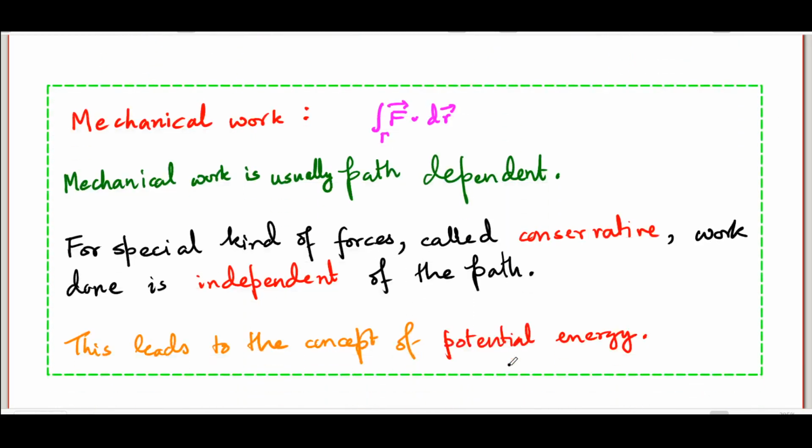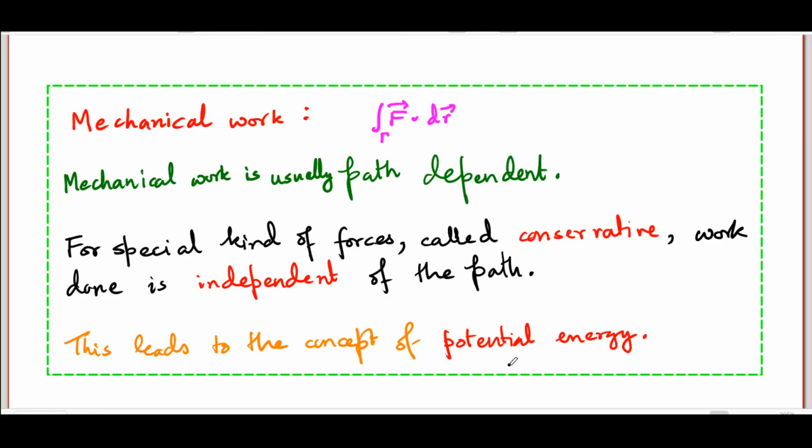Mechanical work is a line integral of the force acting on a point particle, dotted with the displacement and integrated over the path which the particle takes. This is, of course, for a point particle. This result can be generalized to a system of particles as well.